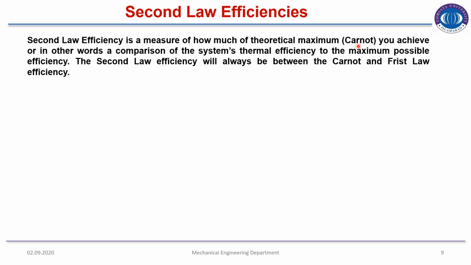So the thermal efficiency of the Carnot heat engine is maximum. For a practical heat engine, the value of efficiency will always be less than the Carnot heat engine efficiency.